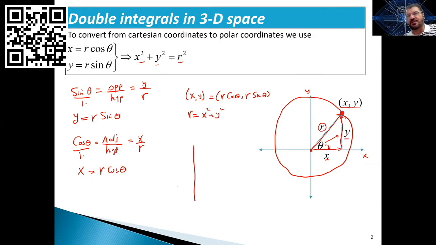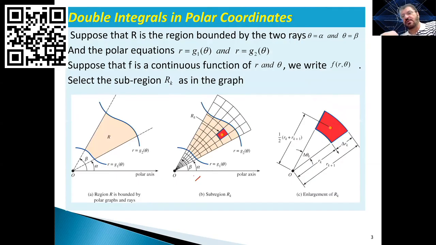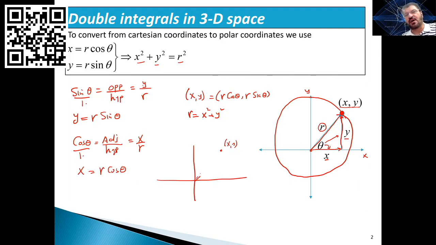So look at the point. Here's the point now. I'm going to make another graph. Here is the point x and y. Let's take this line that goes all the way to the x-axis and call this one r. Now, imagine the circle that has this.